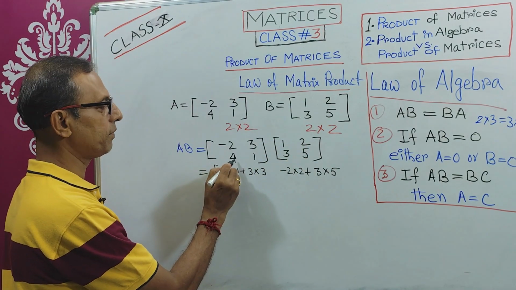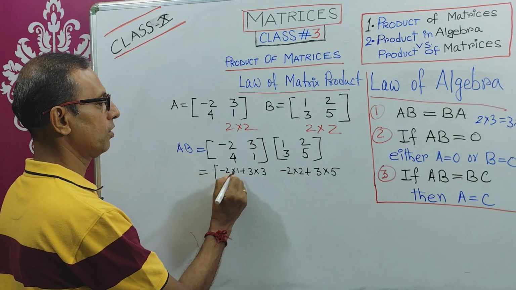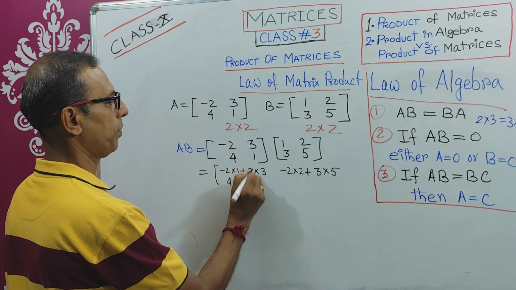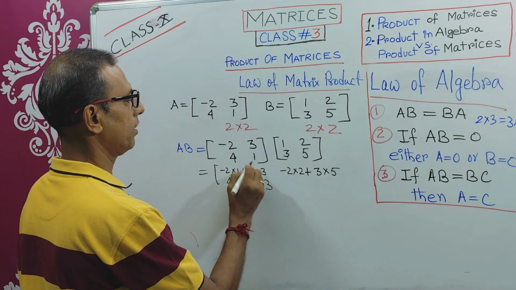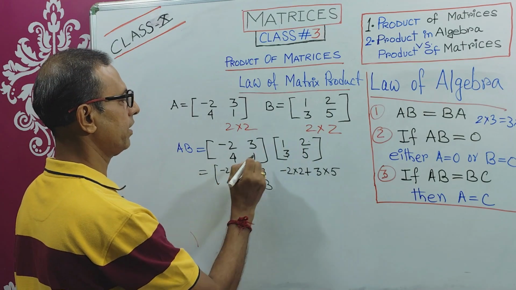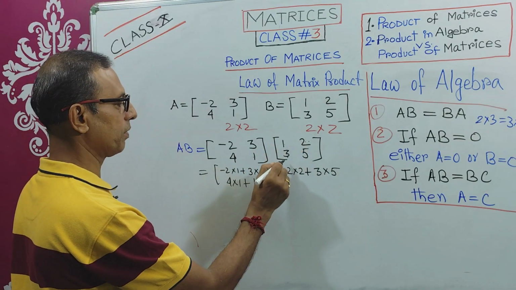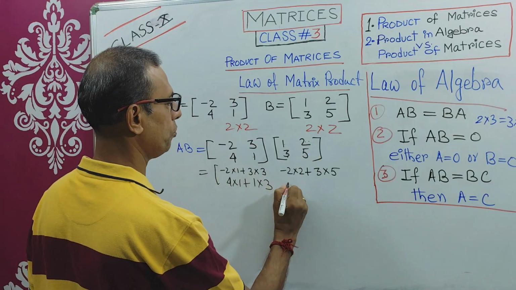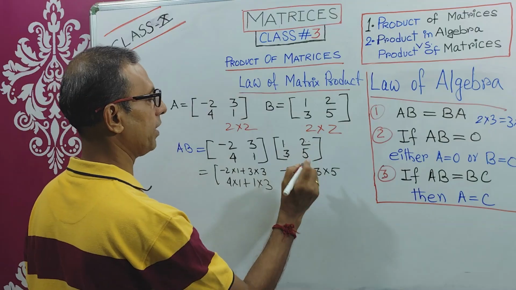Now I'll do the same thing for the second row. Second row, first column. So 4 into 1 plus 1 into 3. Then second row with the second column. Second row with first column I have done. So it will be 4 into 2 plus 1 into 5.